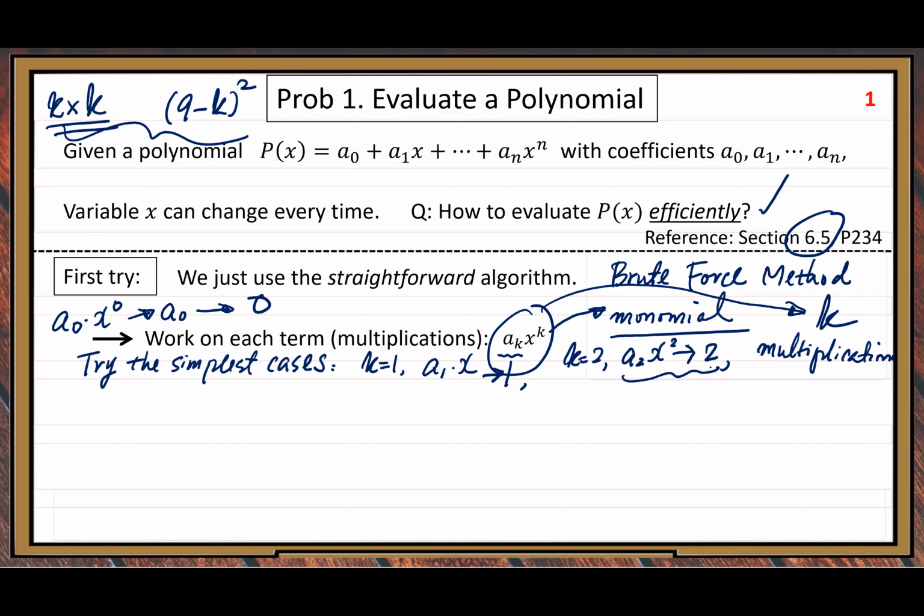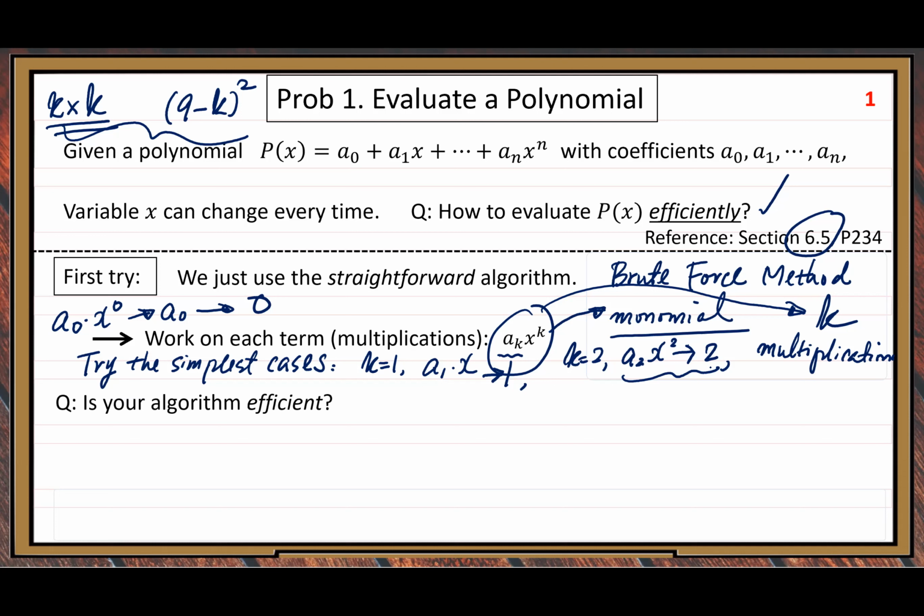X squared, 1 multiplication, but you need to multiply the coefficient. Another one, number 2. Yeah. All right. So we finish our first step.